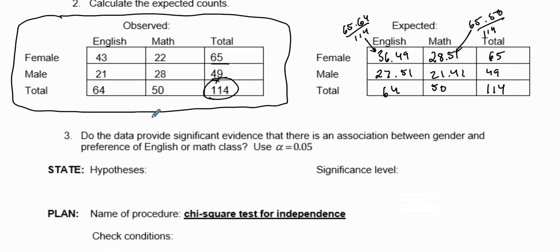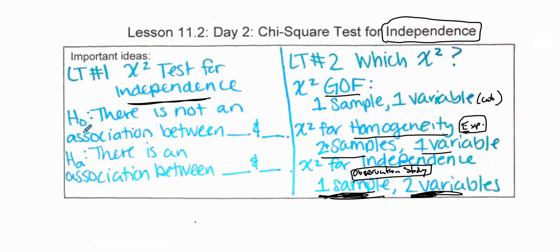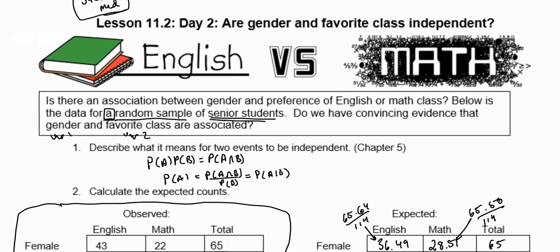Now, do the data provide significant evidence that there's an association between gender and preference of English or math class? First off, just as we said before, we assume there is no association.